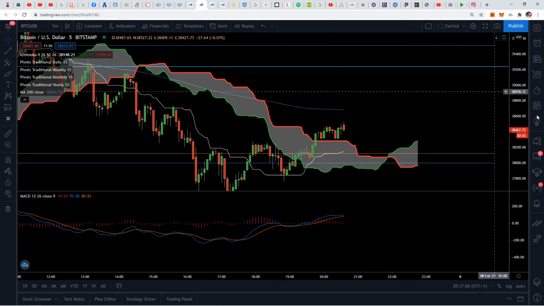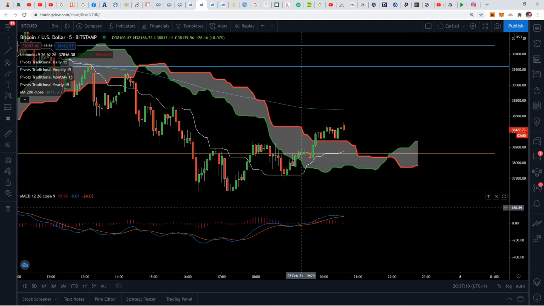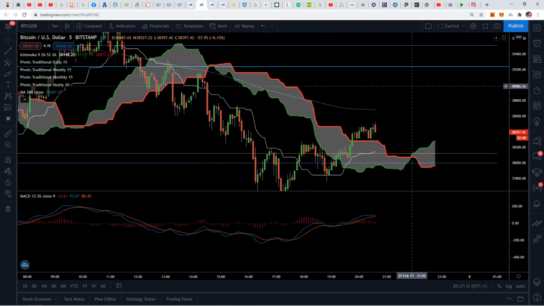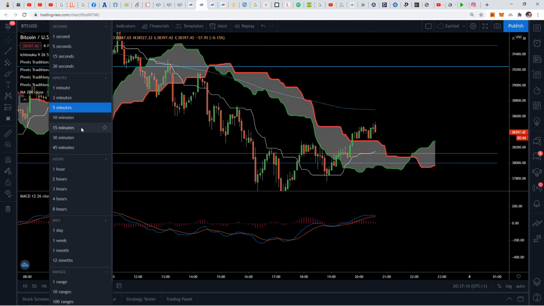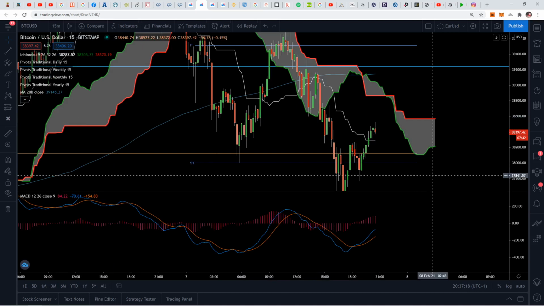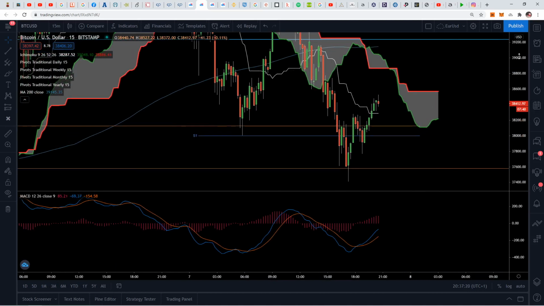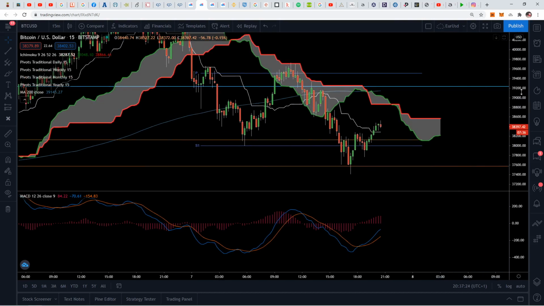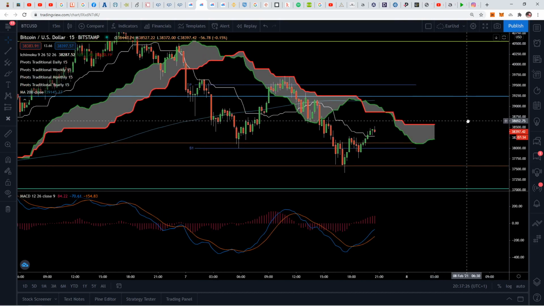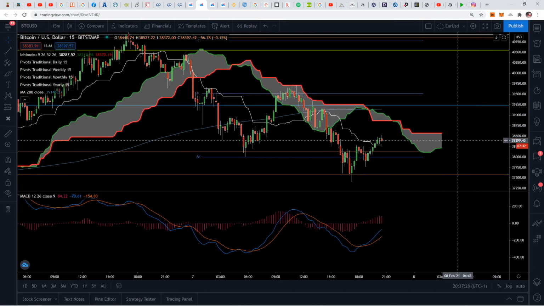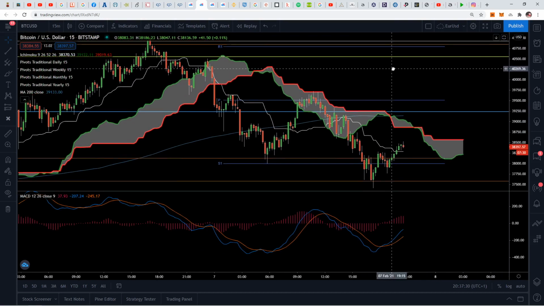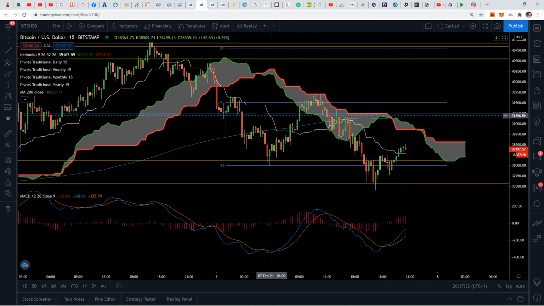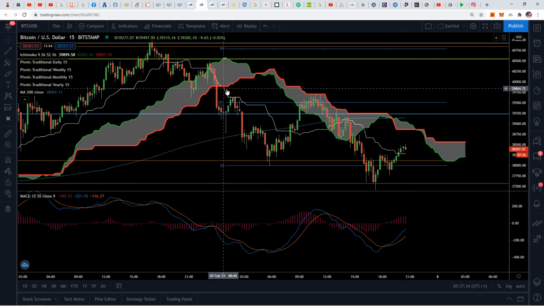to start moving upwards. So the question is how it looks on higher time frames, and I thought it's very interesting here on the 50-minute chart, because here we have a little bit more price action compact in this chart, and this is also very instructive to show you why the Ichimoku cloud is such a beautiful indicator.